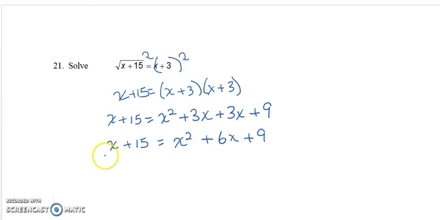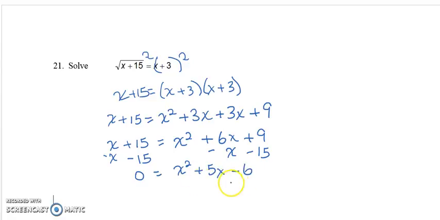So let's subtract x from both sides and combine that with the 6x. So that would be 5x, and also let's move the 15 to the other side, so minus 15, and combine that with the positive 9. Okay, so there's nothing on the left side. On the right side, we have x squared plus 5x minus 6.